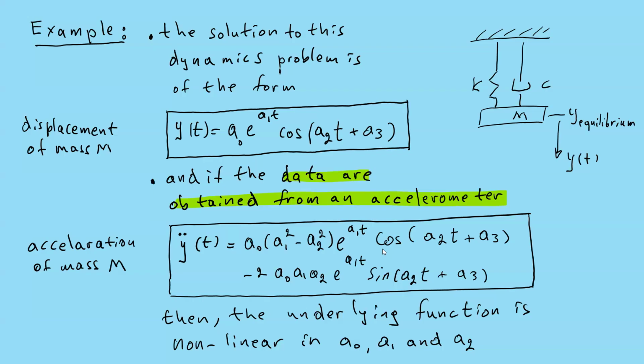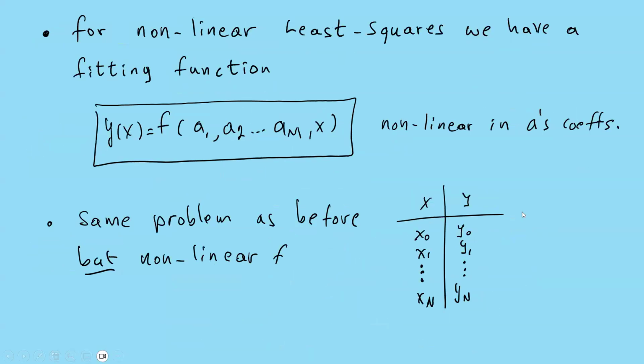We try to obtain the data from the accelerometer for this problem, okay? And again, we know that the acceleration of the mass m follows this equation. It means the coefficients are nonlinearly dependent on each other.